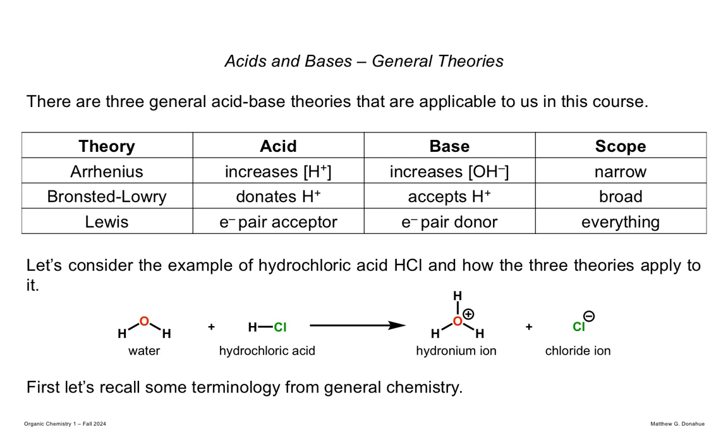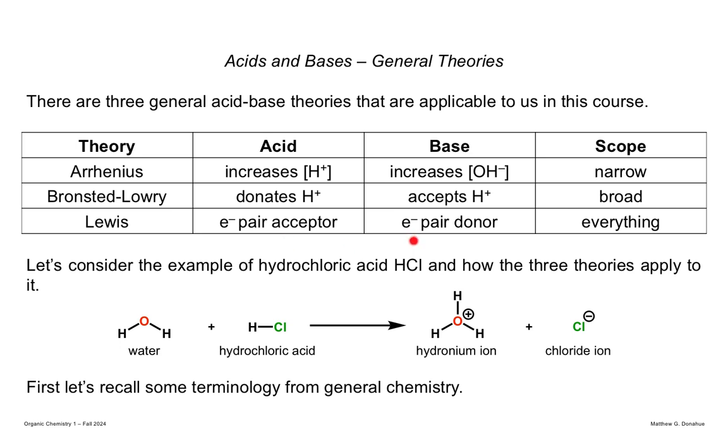The most encompassing theory is the Lewis acid-base theory, where we're not talking about proton or hydroxide anymore. We're talking about the movement of electrons. And again, that relates to the mechanisms. So a Lewis acid accepts a pair of electrons.